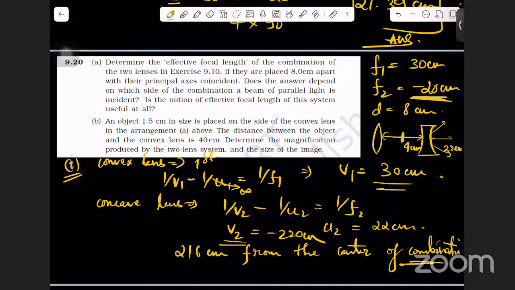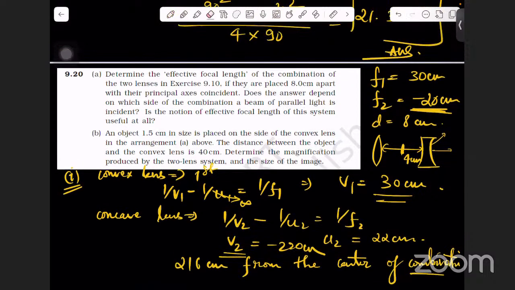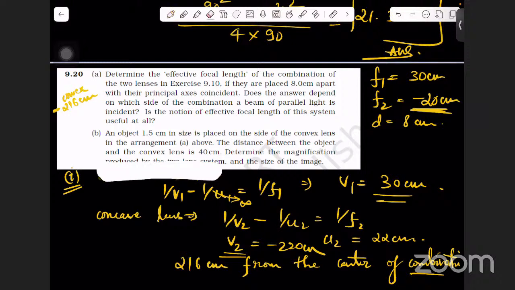Minus 220 is on this side, and here 4. So 216 centimeters from the center of the combination. Okay, so we'll just erase all of this, and for the first case, for the convex lens first, it's 216 centimeters. We'll just keep it over there.